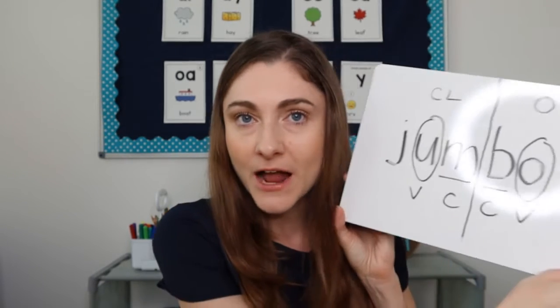So that means that we need to actually model reading multisyllabic words in text for kids and show how you're thinking to yourself, okay, well, I can't write in this book, but what I'm going to do is look for the vowel sounds and divide the word between the consonants, then break it up. So you're essentially getting them to do without paper and pencil what you've been teaching them to do when you're having them divide up words, okay?